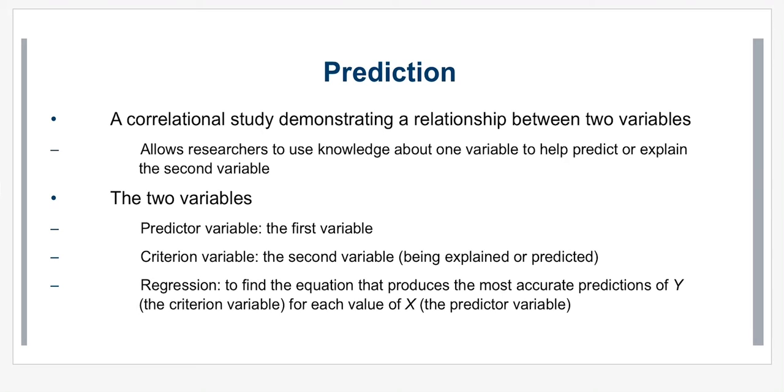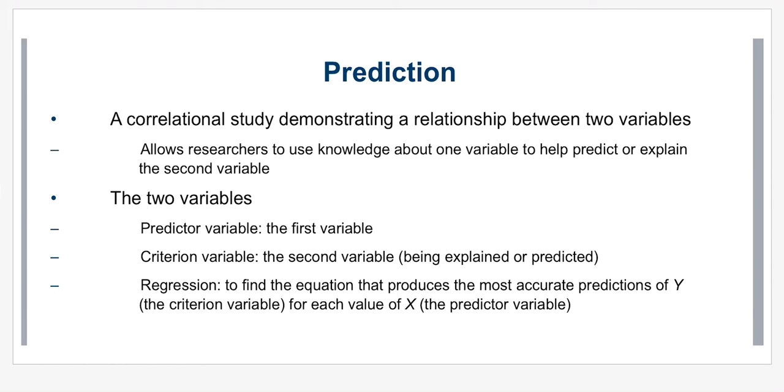There are also scenarios where the criterion variable may be undefined, and you're just wanting to find out more information about the relationship between an unknown, more undefined criterion variable and the predictor variable.